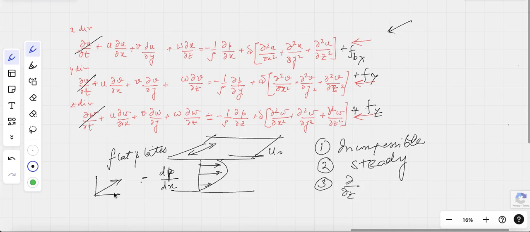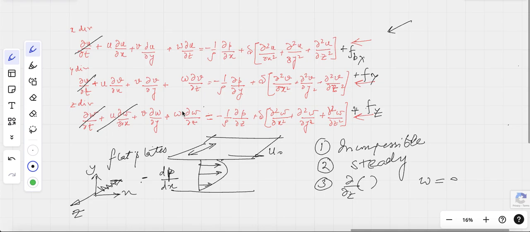This is the z direction, x, y, and z, right? So d by dz will be 0. Also, this means that there will be no velocity in the z direction, so w will also be 0.